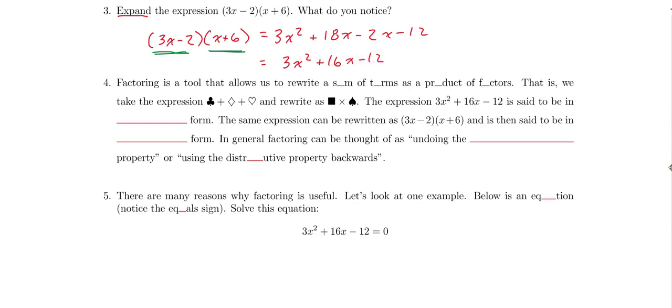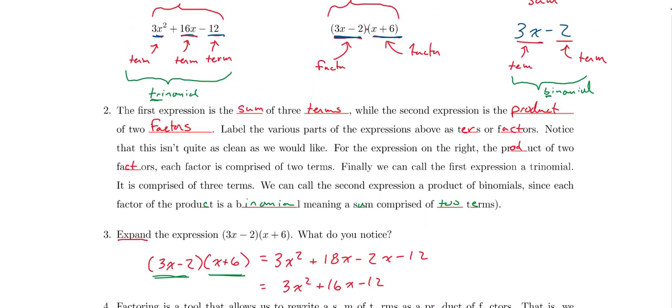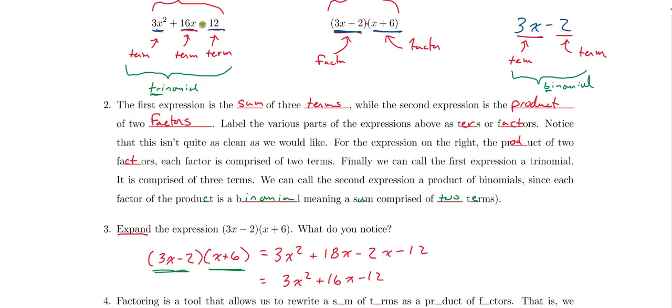So what I wanted us to observe here, and it's a little hard because I'm zoomed in, is that these two expressions are actually equal expressions, meaning if I were to expand this product right here, I end up with this sum over here. Likewise, what we eventually want to do is take this sum and rewrite it as a product.